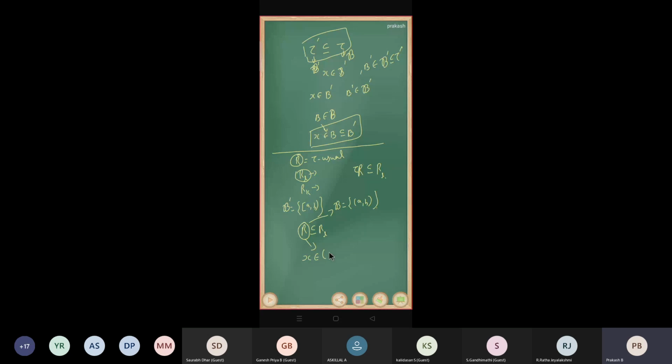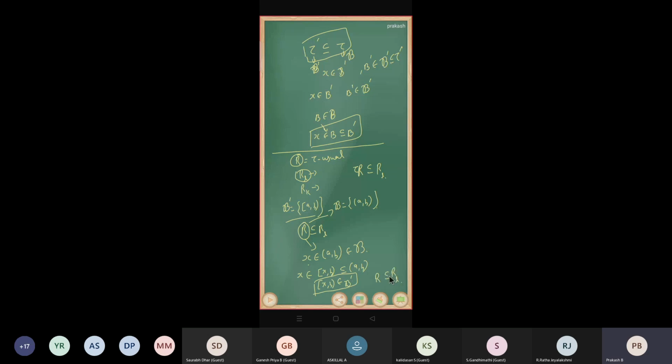Now we have to find an element from script B dash which must contain x and is contained in the open interval a comma b. This is the easiest way. The answer is closed-open x comma b. This closed-open x comma b belongs to script B dash, it contains x, and it is contained in the open interval a comma b. Therefore, R is contained in R_L.